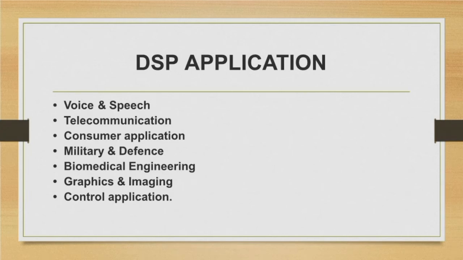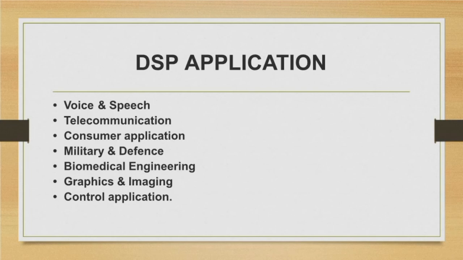Next thing is telecommunication. You all know about that, because nowadays telecommunication plays a vital role in our life, isn't it? So we can use the cellular phone, speaker phone, digital speech interpolation, video conferencing, spread spectrum communications, channel multiplexing, data encryption. All this we use on the telecommunication side.